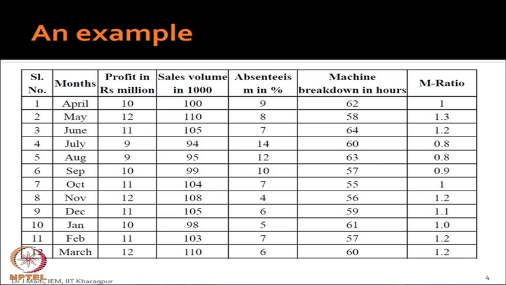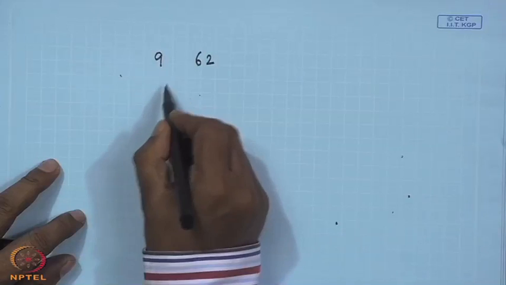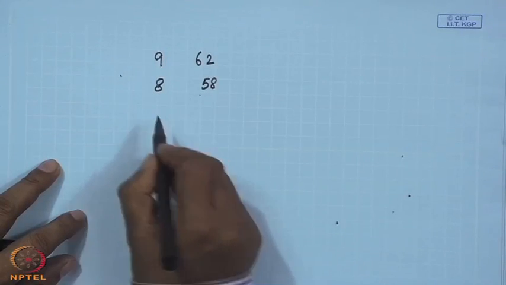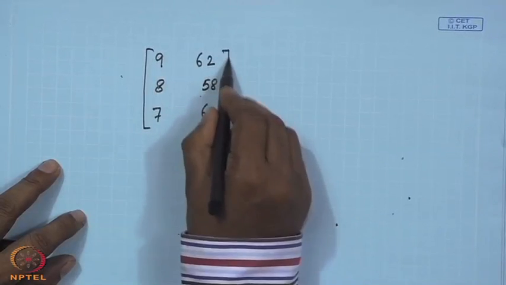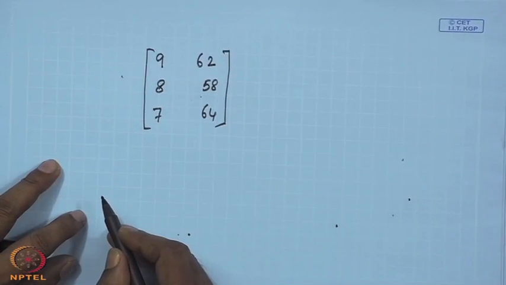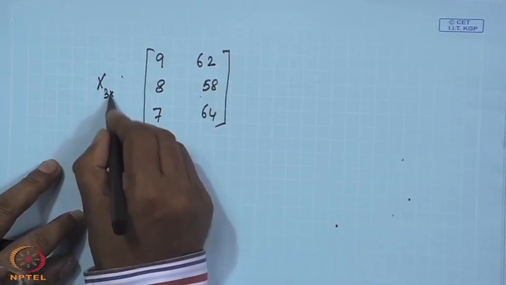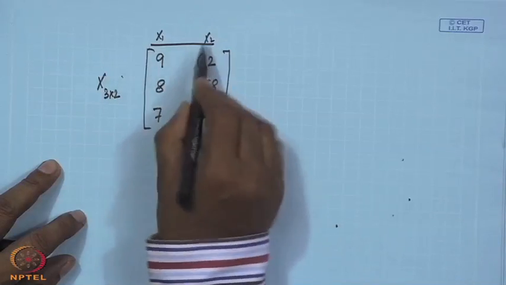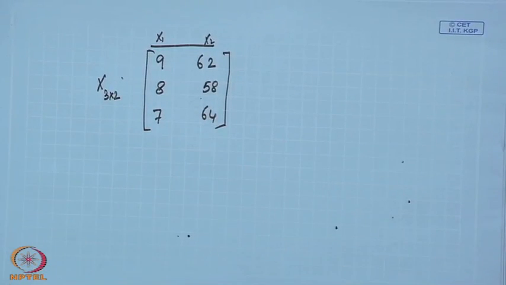For example, 9, 62; 8, 58; and then 7, 64. Suppose these 3 data points are given to you. So this is my X, a 3 cross 2 matrix, x1 and x2. What is our aim? We want to test whether multicollinearity issues are there between x1 and x2.